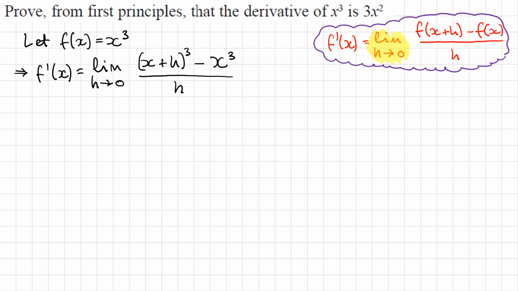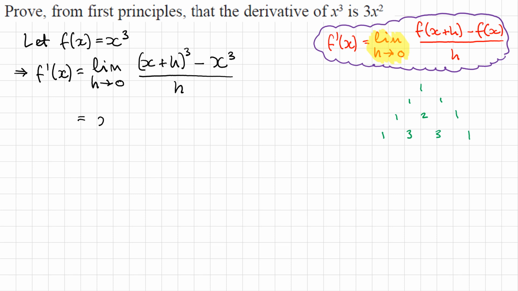Right, I need to expand these brackets. To do that, I'm going to use Pascal's triangle, probably the quickest way to do it. So I get the coefficients 1, 3, 3, 1. I know that I'm going to start with x cubed and it's going to go down, and then the h is going to start from h to the power 0 and go up to h cubed. So we're just using patterns to do that.